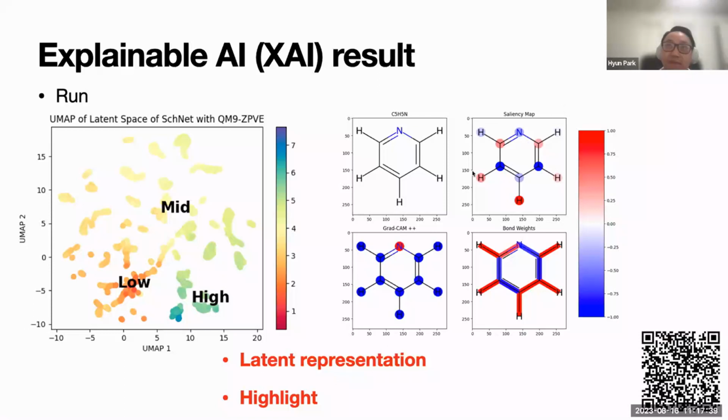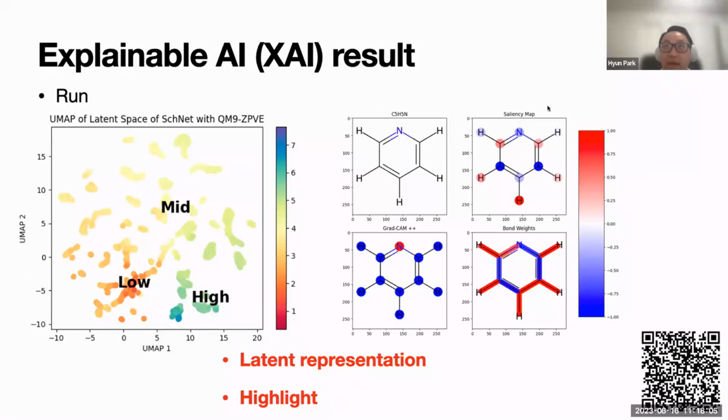But in the case of hydrogen, yes, it has some colors, but in general, hydrogen does not contribute that much to small molecule property prediction in my experience. So I showed hydrogen for the sake of completeness of the molecule, but normally heavy atoms are more important when it comes to the actual prediction.